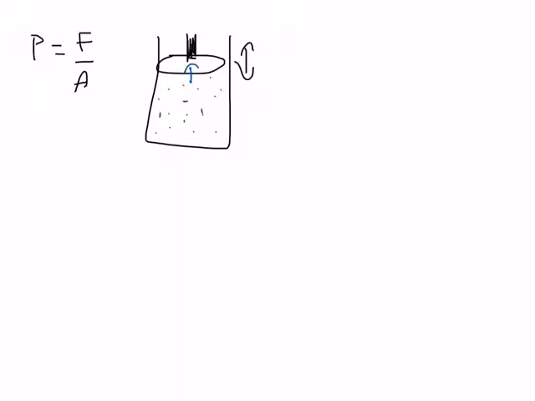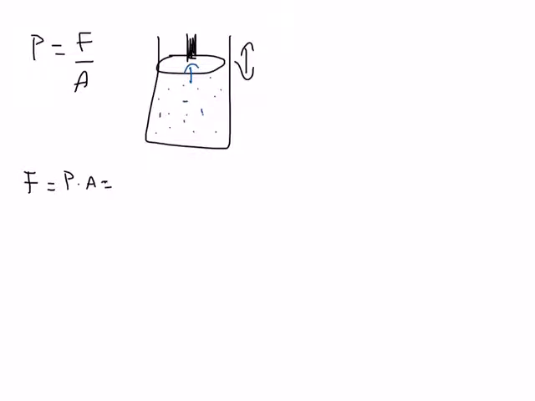Without the gas inside, the piston would just fall. So the area that matters is the area of the piston which we have, and we know the pressure at state A. That's from the graph. So the force is the pressure times the area.